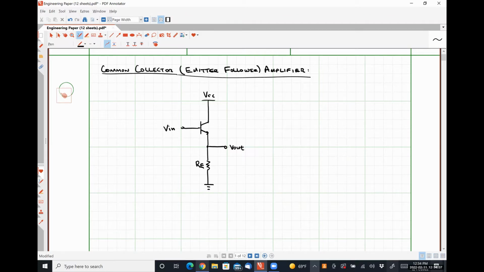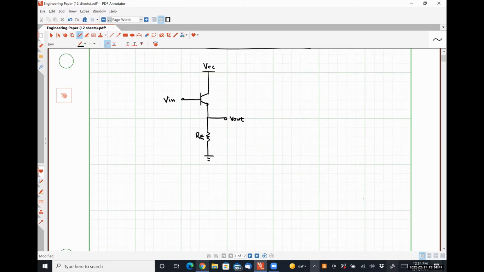So the small signal model for this configuration is going to look like this. Let's put our base terminal here.